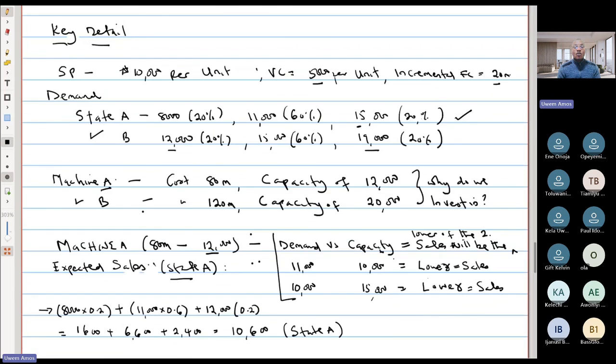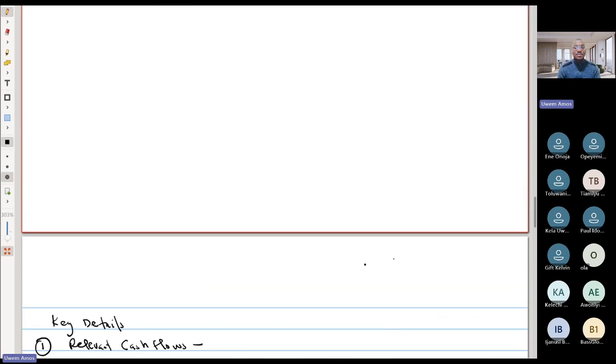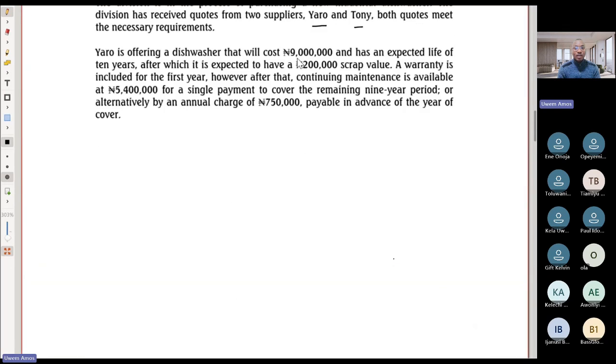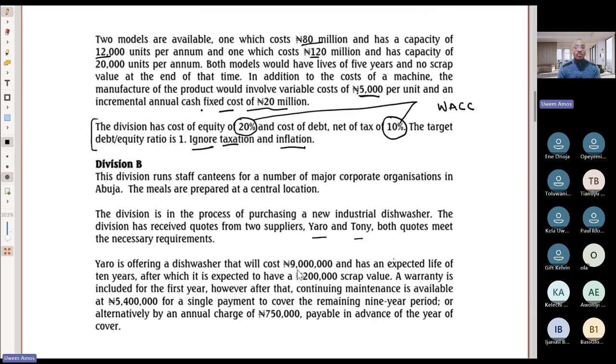Let's clearly read that quickly again. It tells us that the cost of equity is 20%, and the cost of debt net of tax is 10%. It also tells us that the debt to equity ratio is 1.